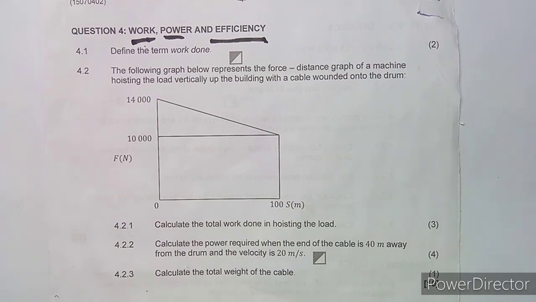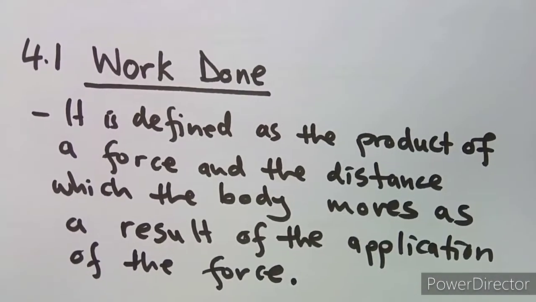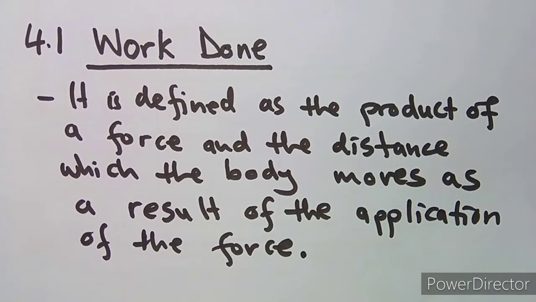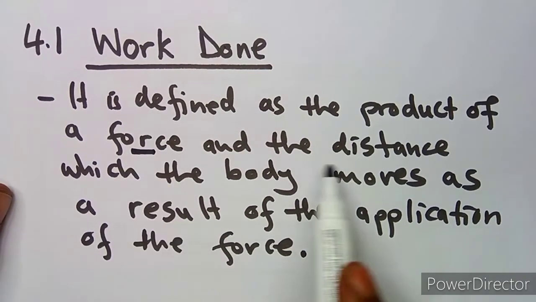I have a quite good definition that you can use to define work done. It is defined as the product of a force and the distance which the body moves as a result of the application of the force. That is a simpler definition actually. What is important is that what you're multiplying is the force and the distance.